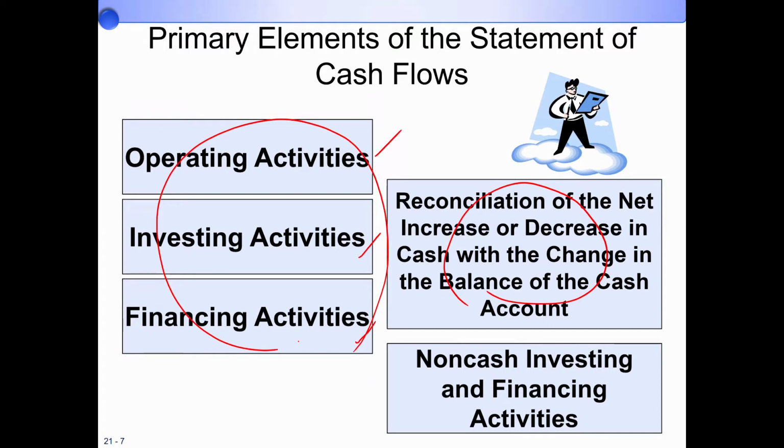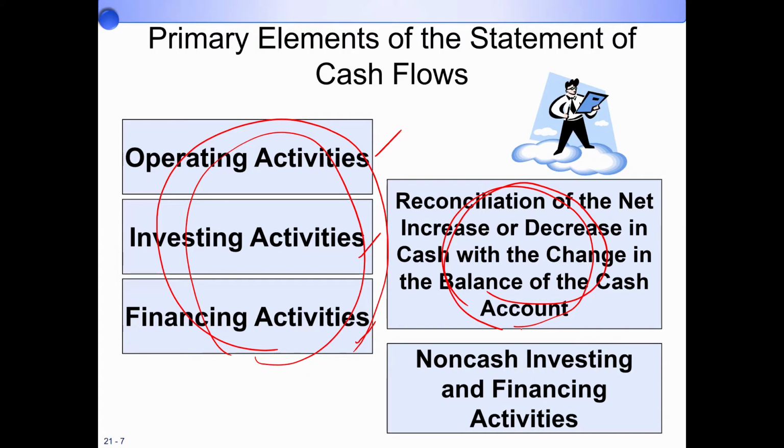The total changes should be reconciled with the beginning and ending balance. If the numbers are not the same as from this cash flow statement, then something is wrong. So we call that reconciliation. We double check basically when we prepare a cash flow statement.